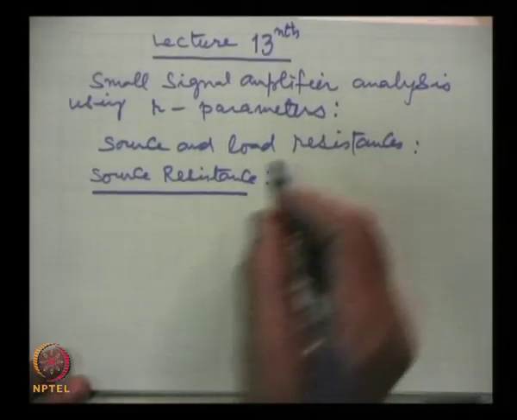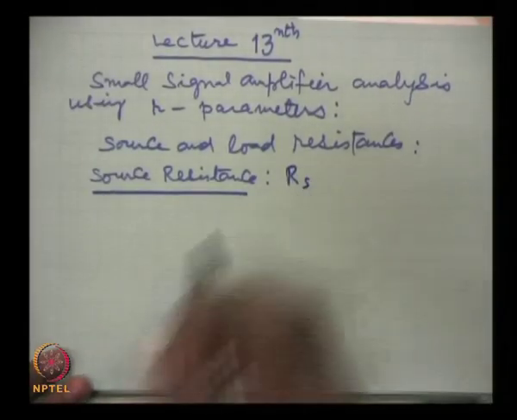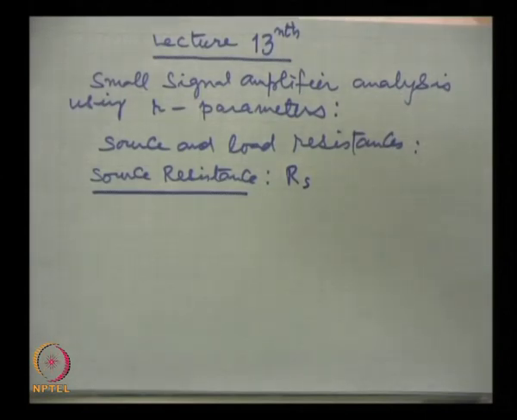So, source resistance first, often written as R s. Every source which we connect at the input of the amplifier, this may be the microphone, some other oscillator, or the previous amplifier stage to which this stage is connected, they all have an impedance, and a circuit can always be Thevenized like this.